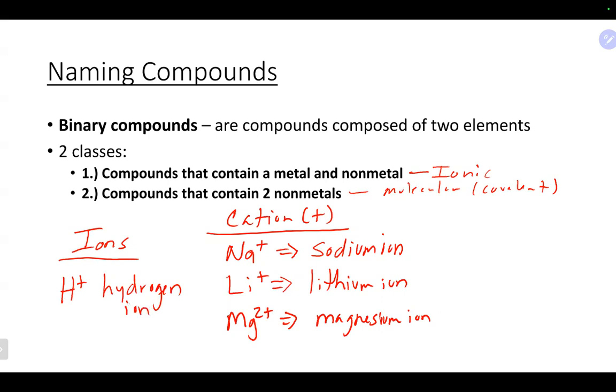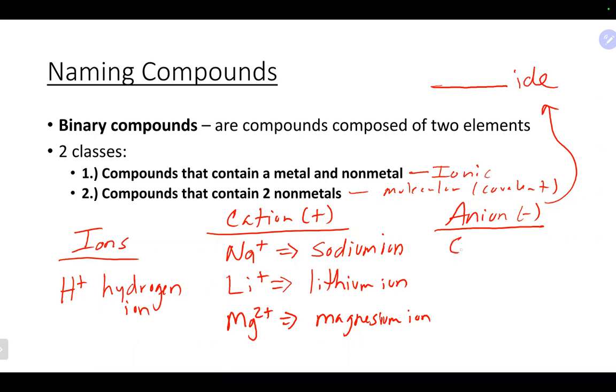Now, when we name negatively charged ions, you use the base of the name, and then you add IDE to the last part of the name. I should say that a little bit better: you drop the last part of the name and replace it with IDE.